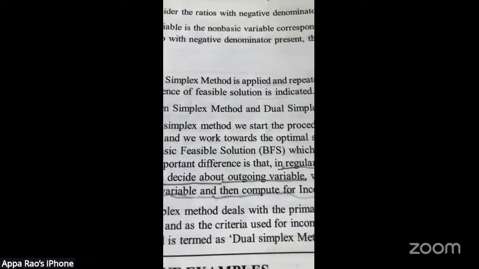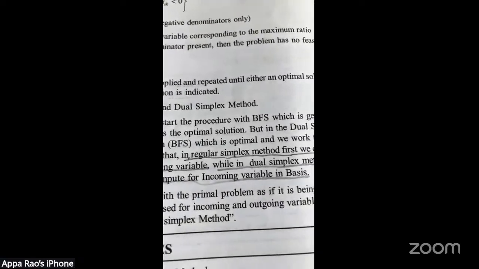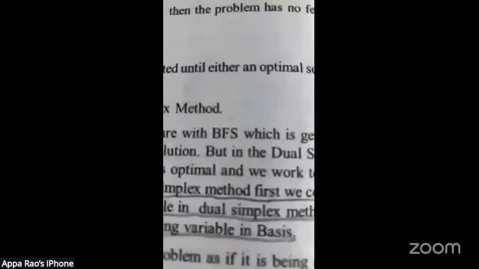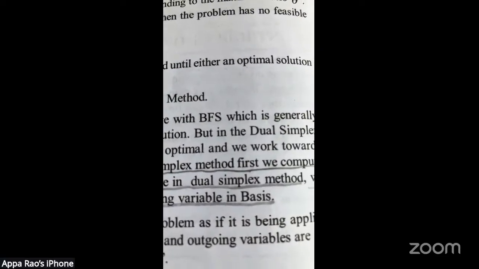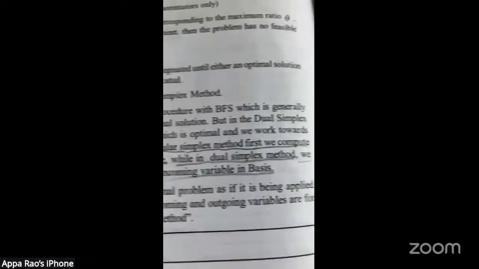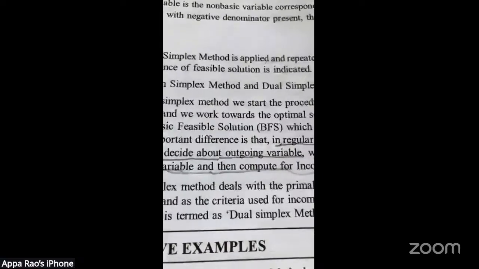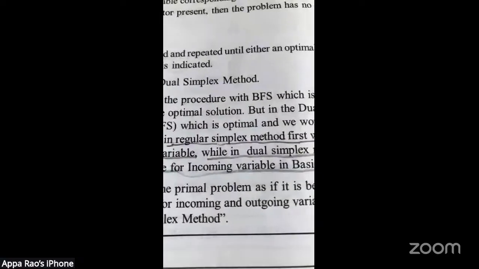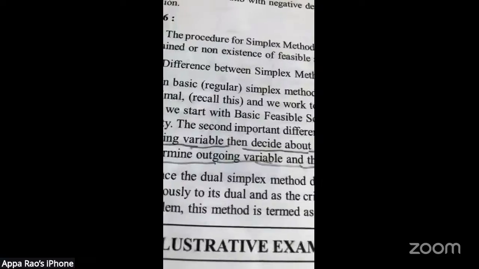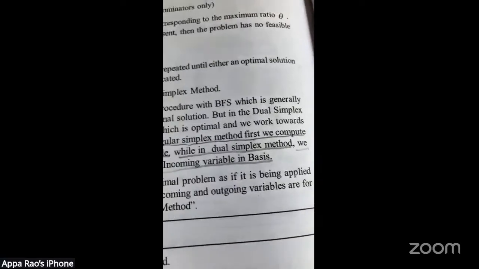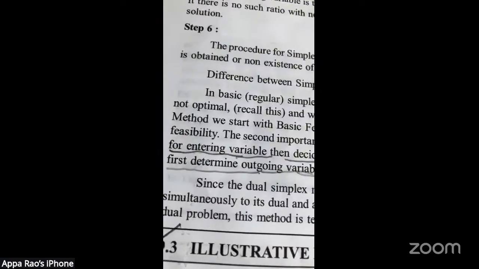In the basic regular simplex method, we start the procedure with the BFS, basic feasible solution, which is generally not optimal, and we work towards the optimal solution. But in the dual simplex method, we start with a basic feasible solution which is optimal, and we work towards feasibility.